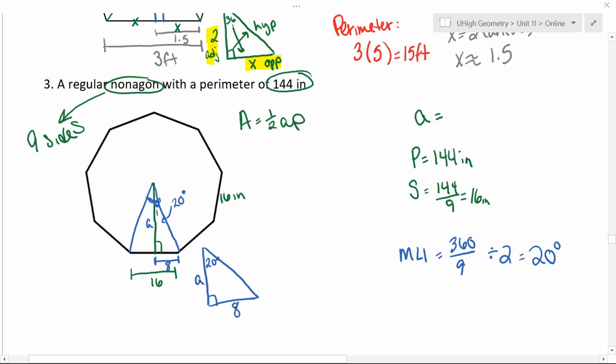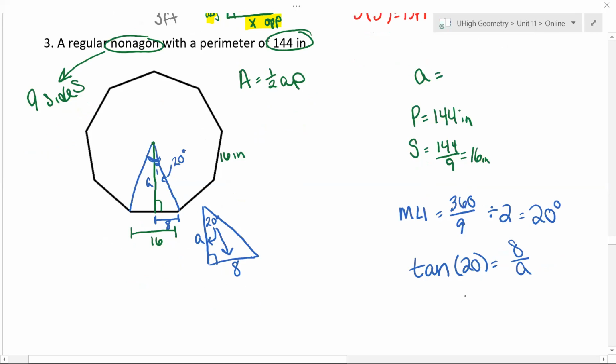So now I can use my trig functions again. And here I have opposite and I have my adjacent, so that's going to be my tangent function. So the tangent of 20 is opposite over adjacent.